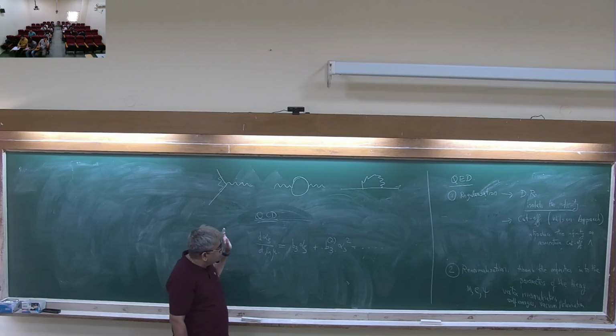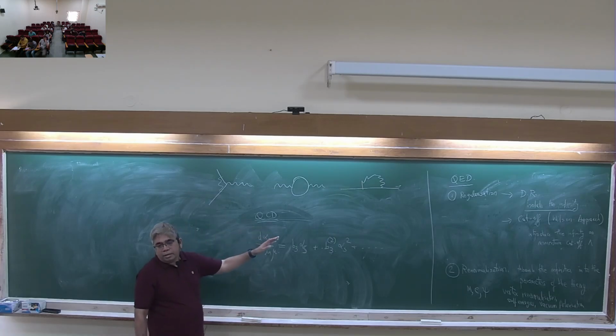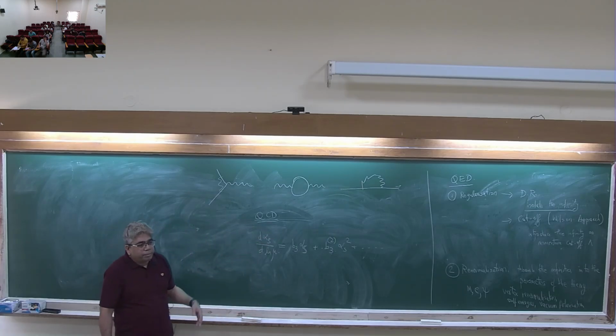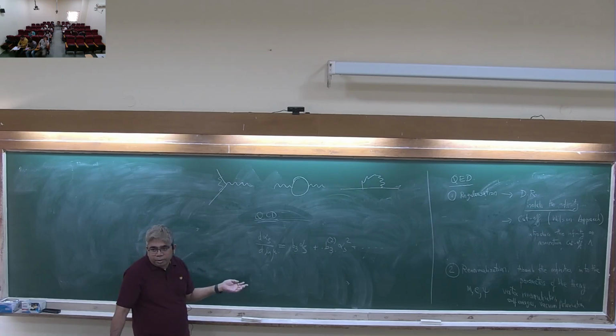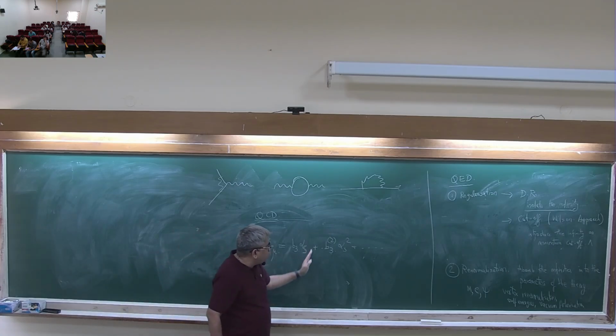So this beta function is much simpler compared to, say, the beta function of alpha 2. This is simple and can be solved. One loop can be solved analytically, two loop and beyond should be solved numerically.